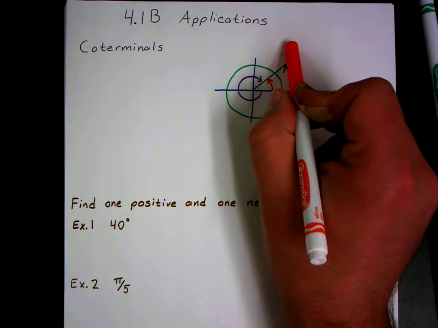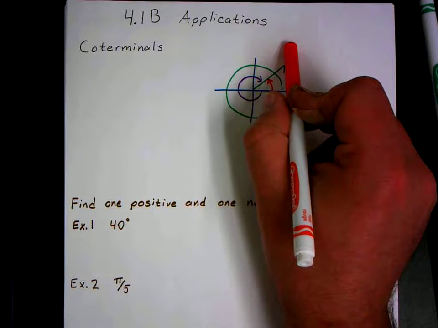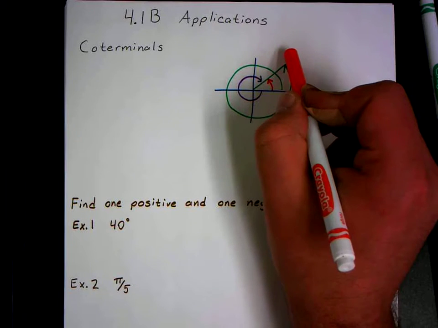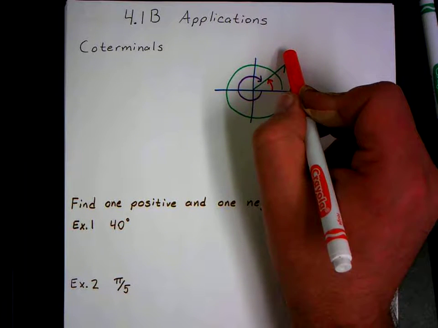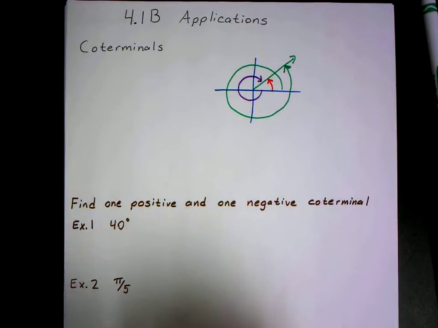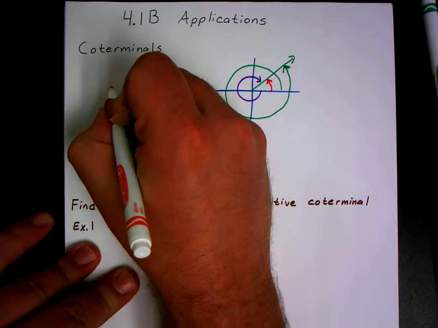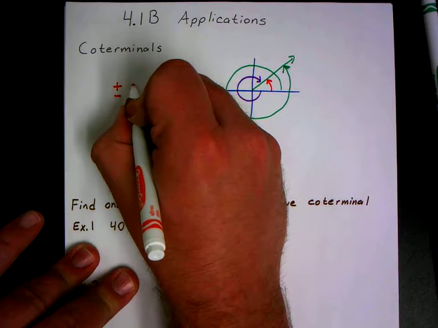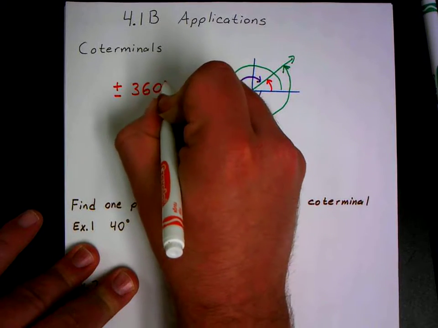So mathematically, how do I find coterminals? How do I go around a circle mathematically? I can add or subtract 360.